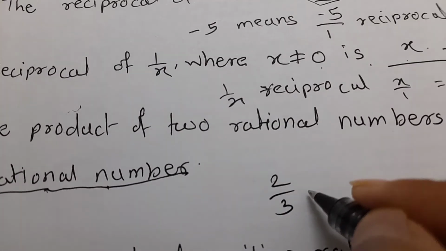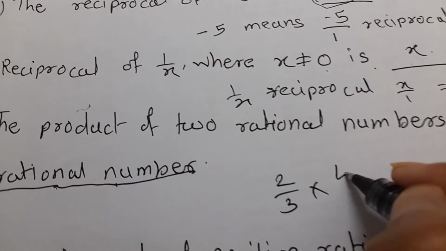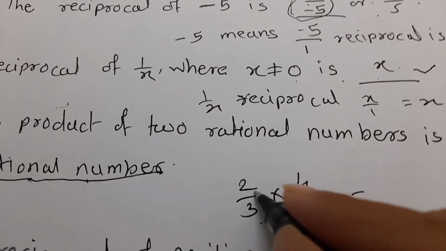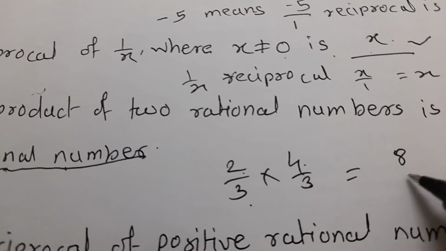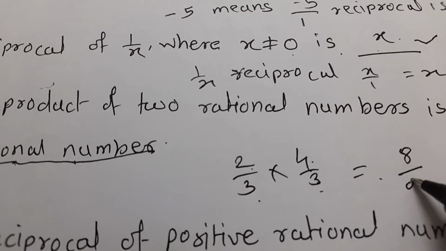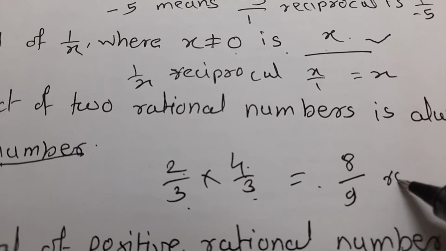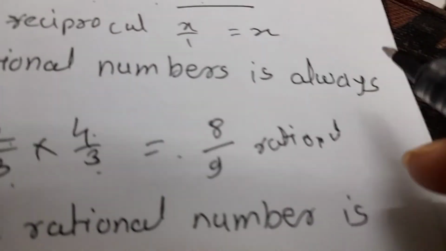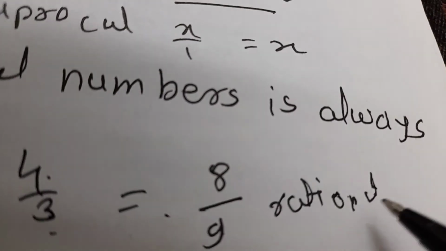For example, 2 upon 3 multiplied by 4 upon 3. These are two rational numbers. 2 into 4 is 8 and 3 into 3 is 9, which is also a rational number. Therefore, we can say that the multiplication of two rational numbers is always a rational number.